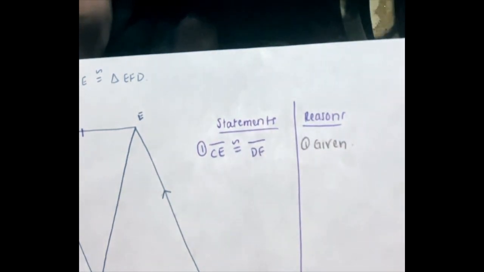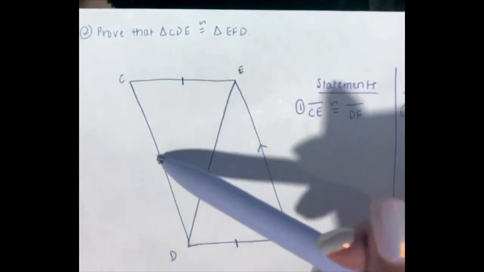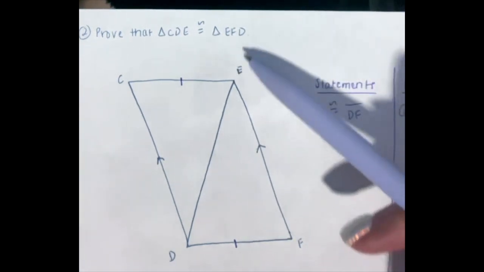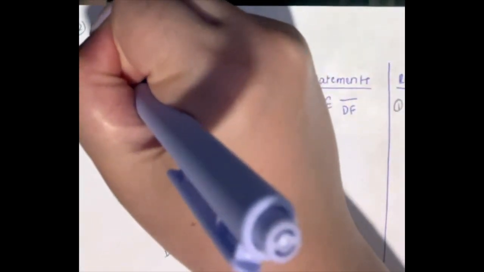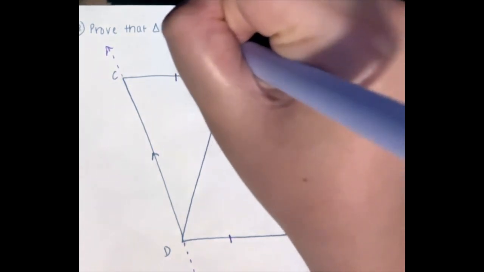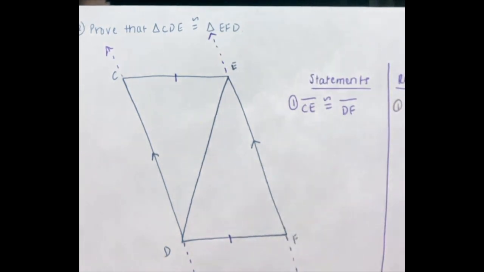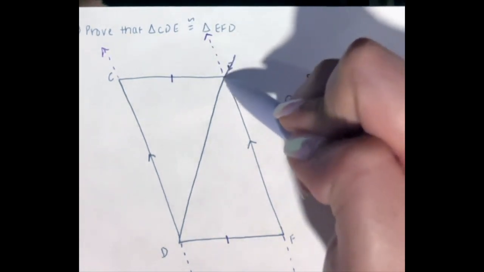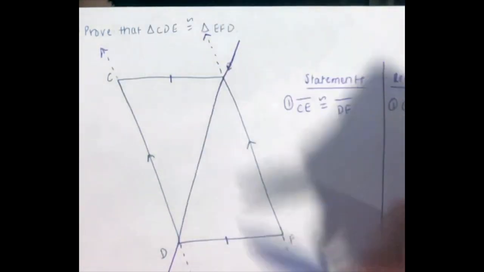Then we see that these two lines right here are parallel to one another. If you look at this line and think about it in a plane, if you continue this parallel line that way, and it's always continuing in this direction and in this direction, and this line right here intersects both of those parallel lines.